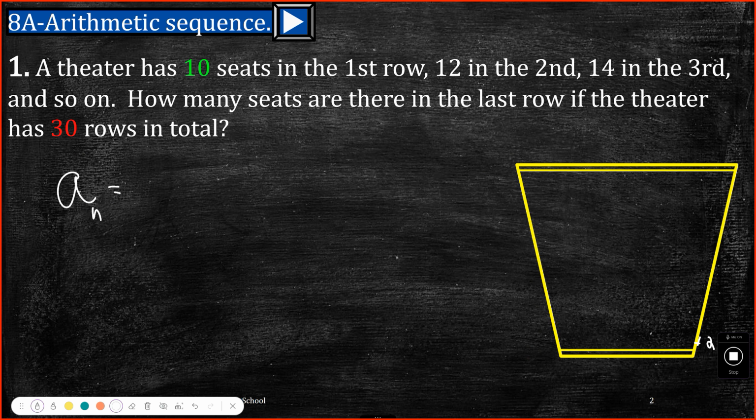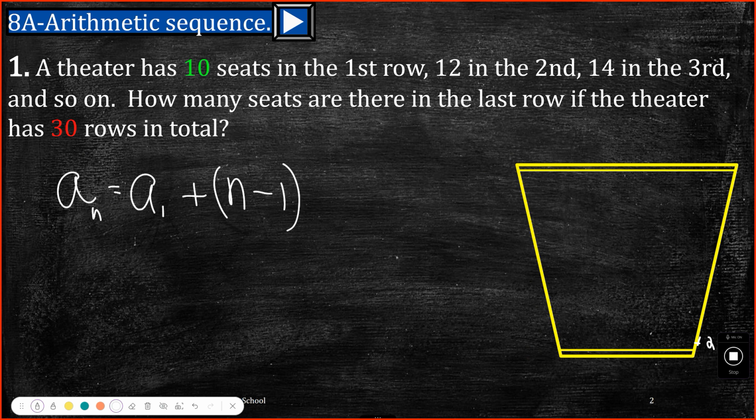So A sub n will equal the amount of seats. We need a beginning. How many seats are there in the first row? 10. We'll put that in a minute. And then to get the amount of seats in the subsequent rows, it would be the n, because I'm already saying that there's 10 in the first row.